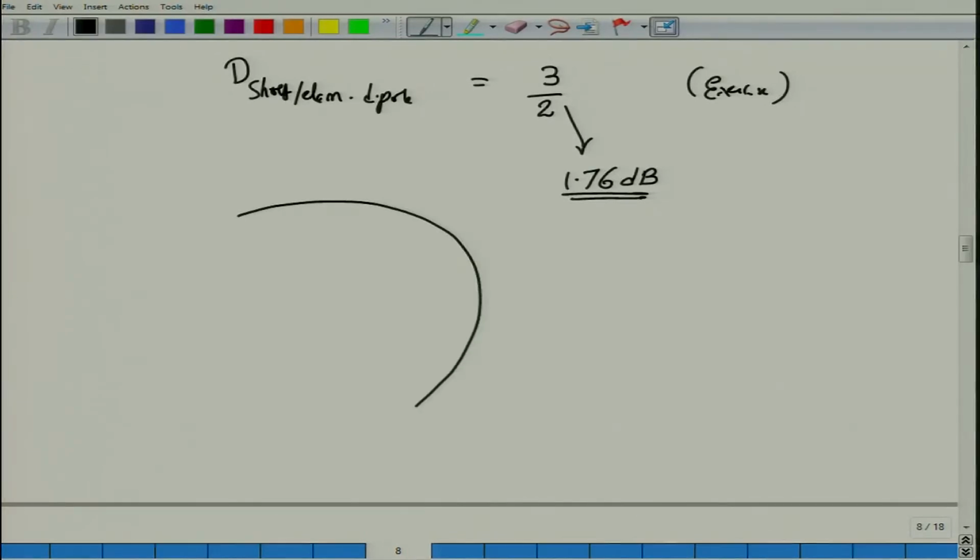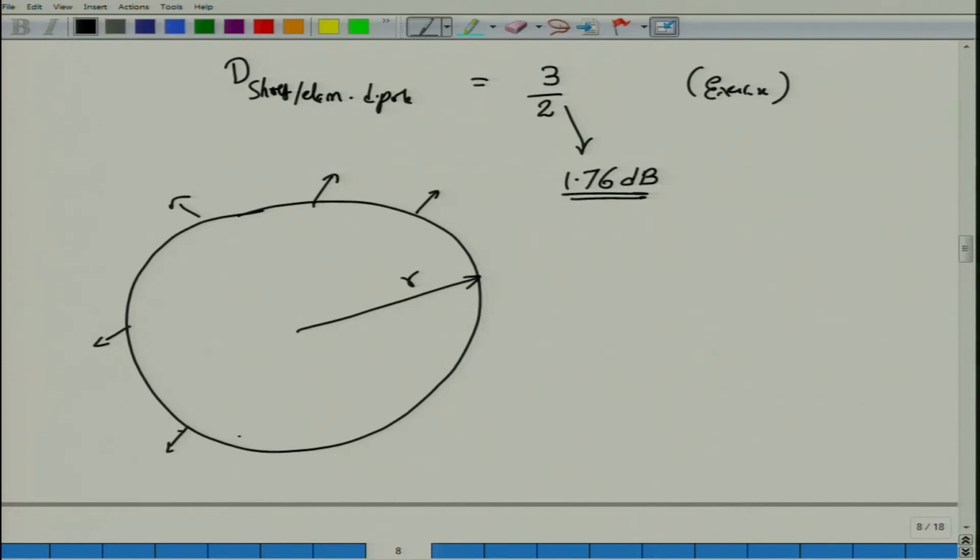Okay. In intuitive terms, what we mean here is that let us consider a radius r, and if this is an isotropic radiator, the power radiated in all directions will be equal. So let us say out of this sphere, P rad is the power coming out, and this radiated power divided by 4 pi r square will be the power density.